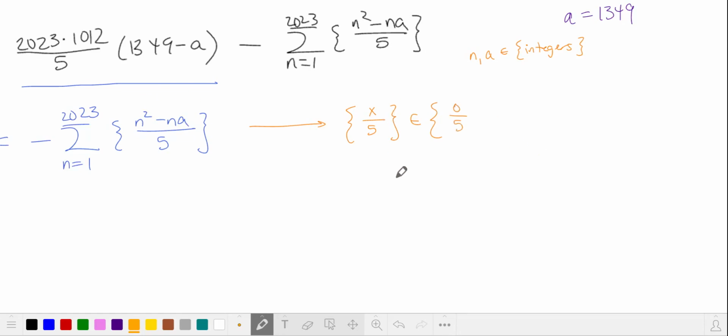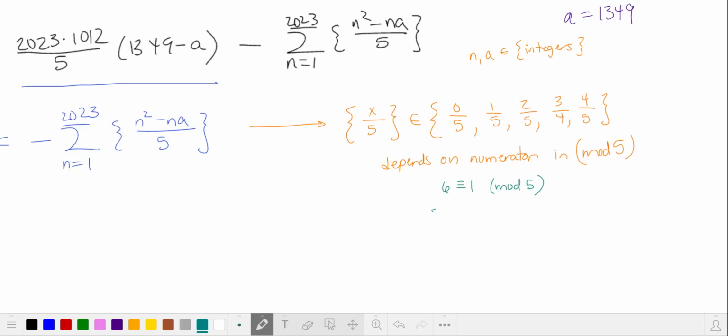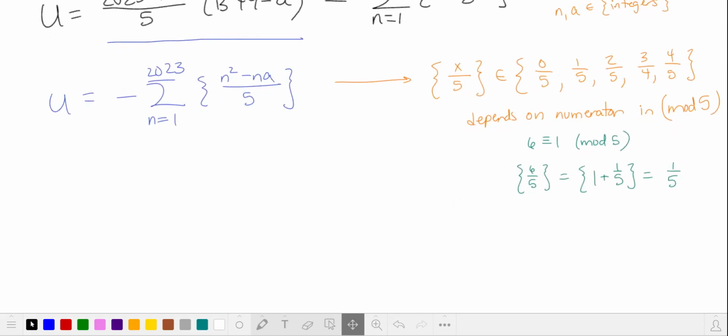The fractional part of this fraction depends only on the numerator, and it depends on the numerator in mod 5. So for example, in mod 5, 6 is the same as 1. So the fractional part of 6/5 is 1/5 because that's what remains in the numerator. So that's our motivation for finding the mod 5 residual of this expression inside the braces.